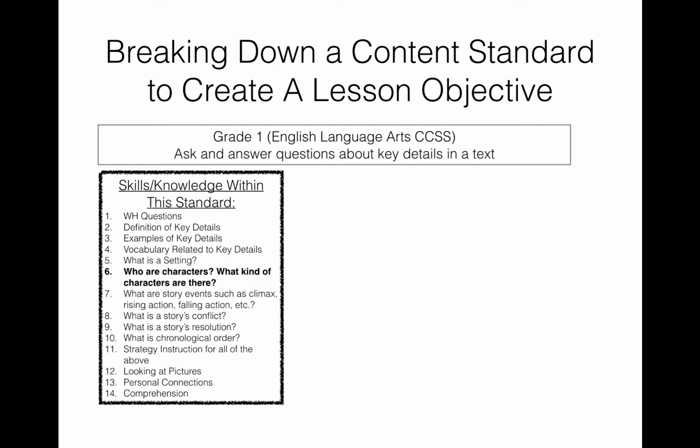And then they'll need to know what a key detail is, so make sure that they can clearly define and understand these words. Examples of what key details are: the vocabulary related to key details, what is a setting, who are characters, what kind of characters are there, what are story events such as climax, rising action, falling action, what is a story's conflict, what is a story's resolution, what is chronological order.